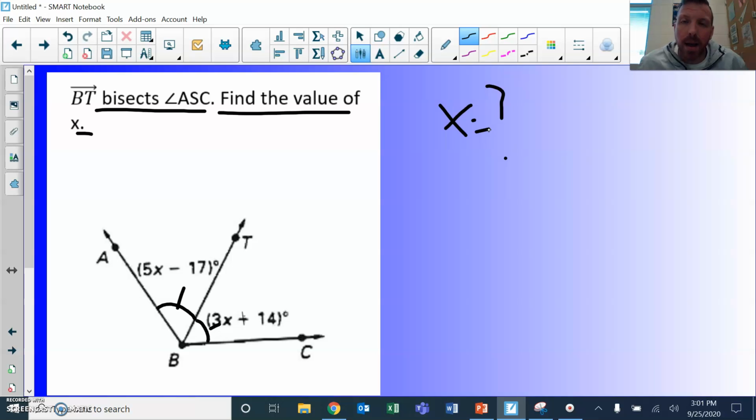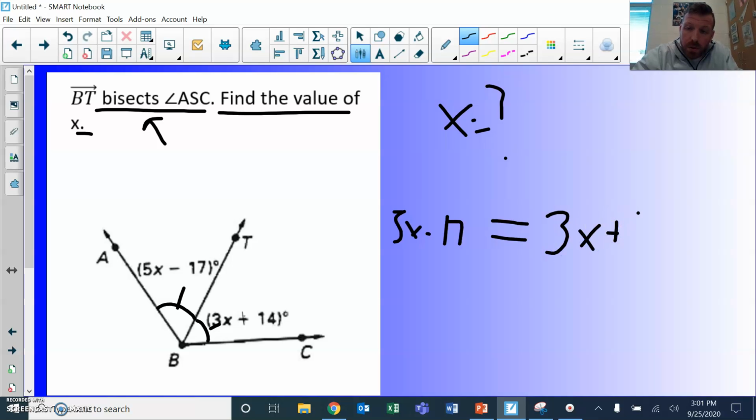So we have to use the idea of bisector, which means that they're equal, which means essentially that 5x minus 17 equals 3x plus 14.